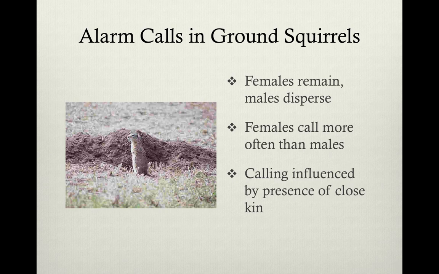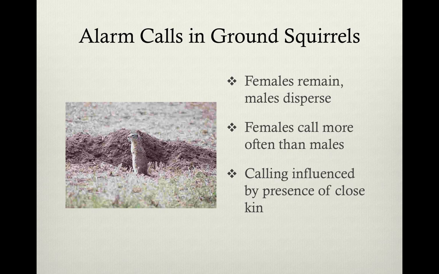Female ground squirrels make a different decision regarding calling based on who's around them. When they are surrounded by close kin, that is sisters, mothers, aunts, offspring, they are more willing to call. When experiments have relocated ground squirrels so they're not surrounded by kin, or in contexts where populations have been combined and there's a lower degree of relatedness among all of the ground squirrels, females call less frequently.